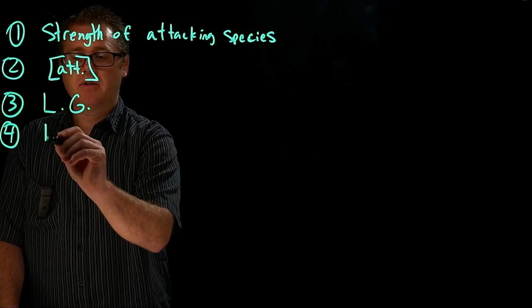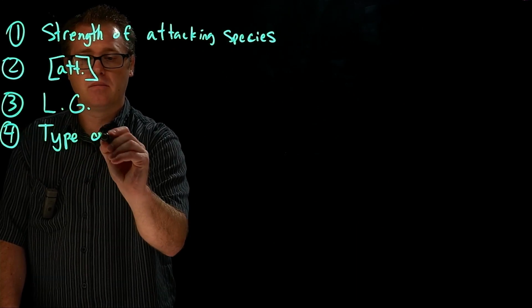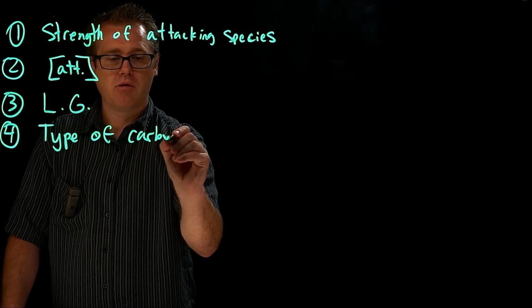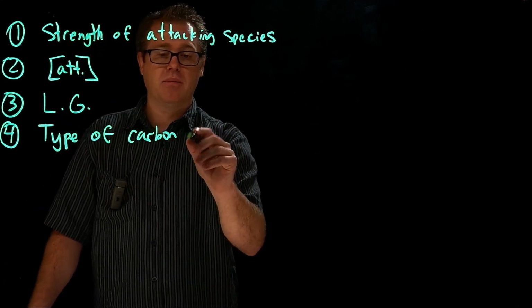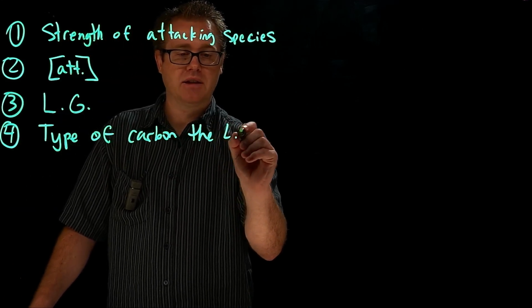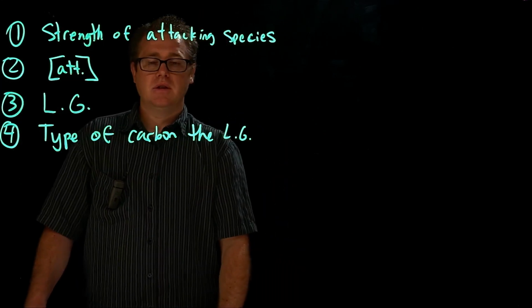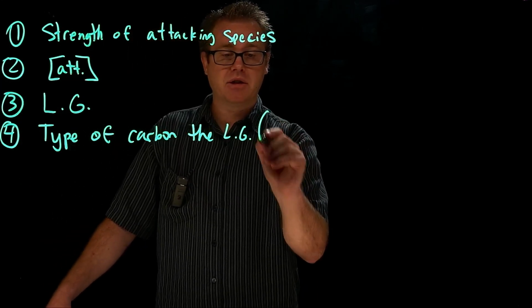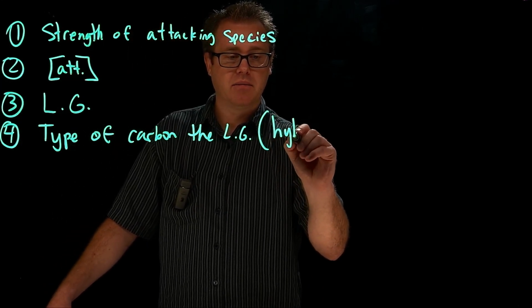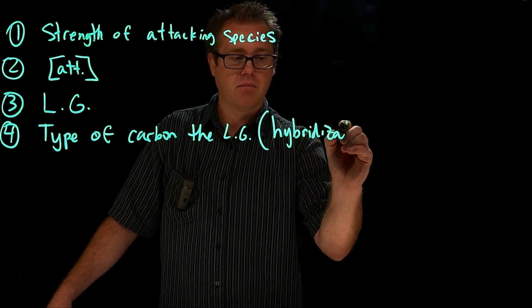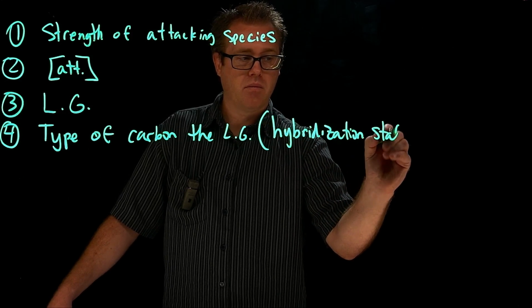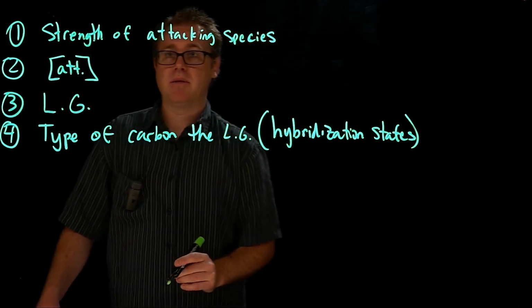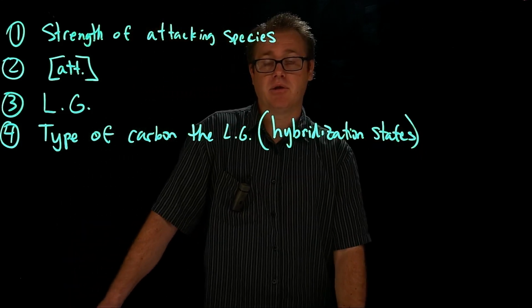And the type of carbon that the leaving group is attached to. So another way of saying that, we could just say hybridization states. What is the hybridization state of the carbon that the leaving group is attached to?